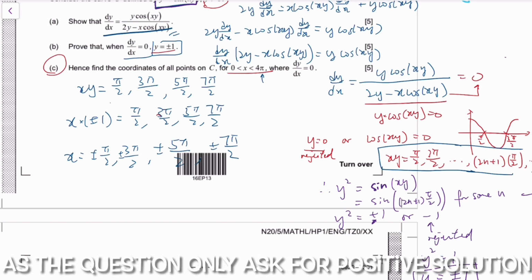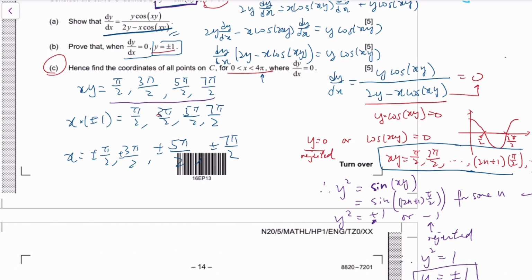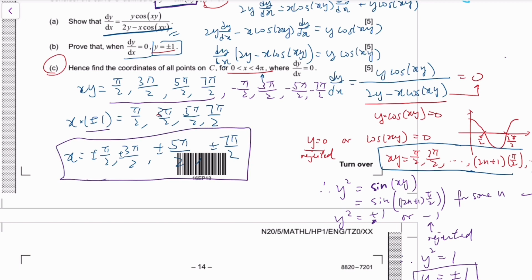Now technically the odd multiples of pi over 2 include the negative ones, because we know cosine is even, so you have symmetry there. But then obviously the negative one divided by plus or minus 1 would give you basically the same set of solutions. So for this time, it doesn't really matter.